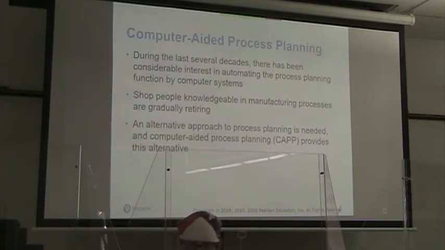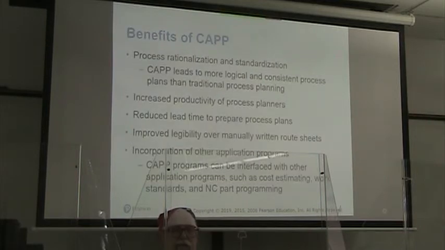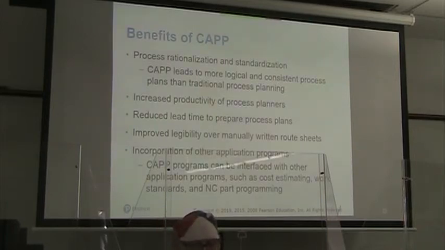So they're looking for an alternative approach to the process planning process, and computer-aided process planning is the alternative they're looking at. So what are the benefits of using computer-aided process planning? Well, one thing is we have process rationalization and standardization.